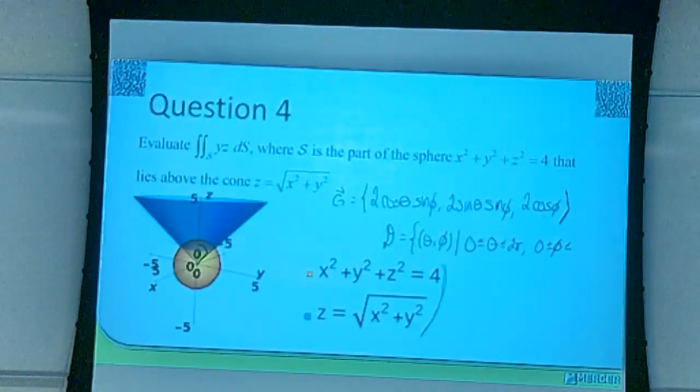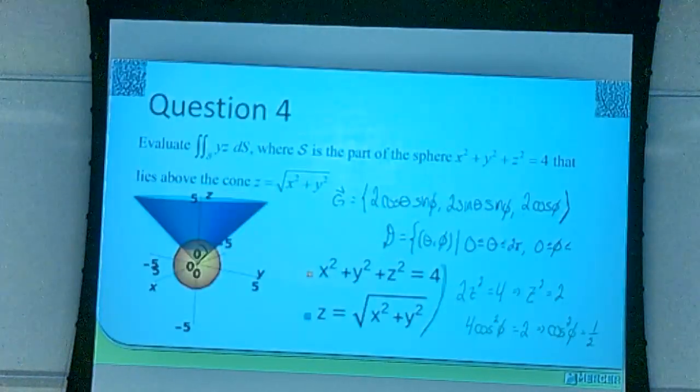Where they intersect, they have to be true simultaneously, right? Well, that means x squared plus y squared is z squared, isn't it? Z squared would have to be 2, right? But what's z in spherical? It's 2 cosine phi. Cosine squared phi is a half.